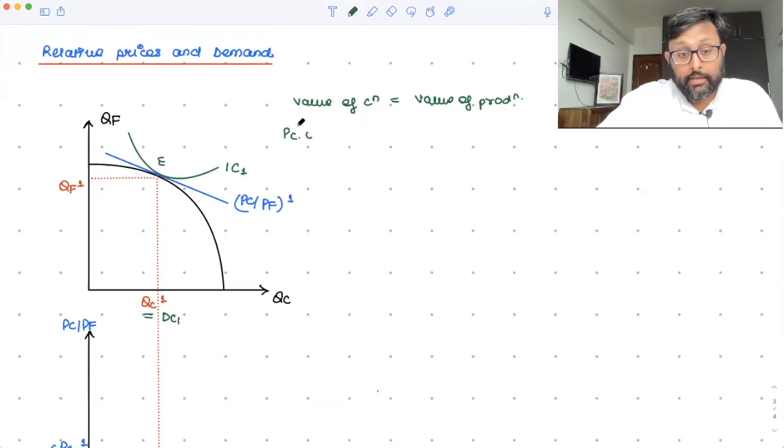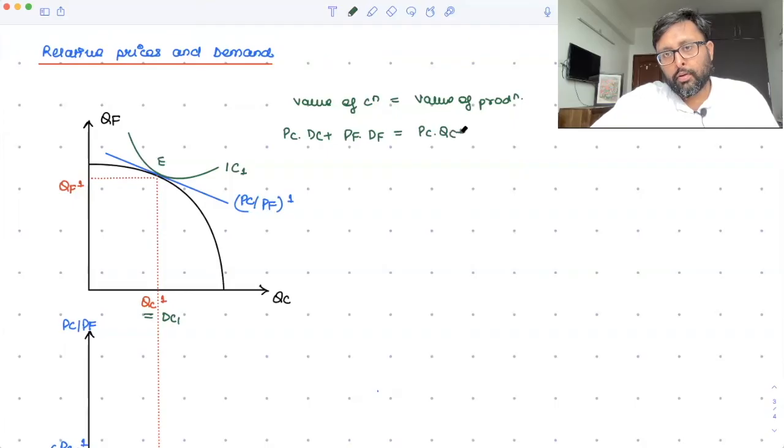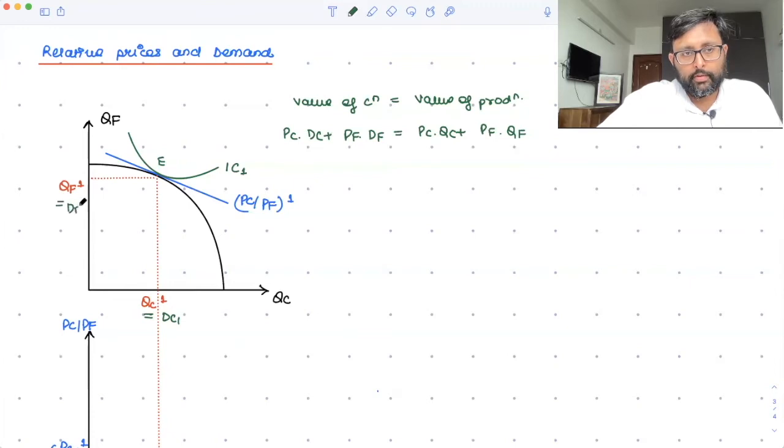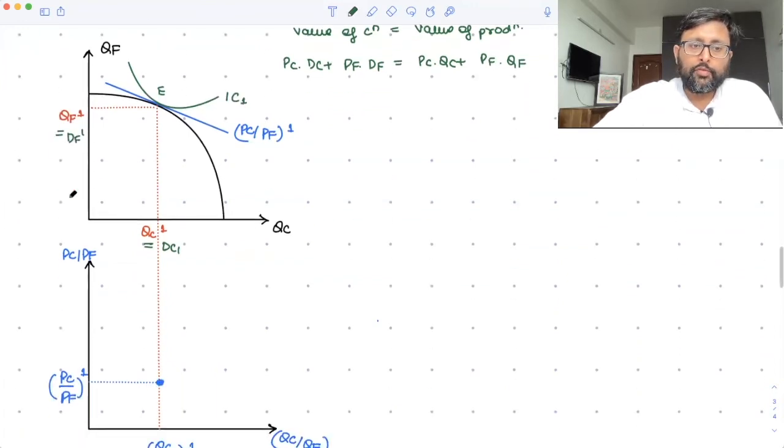PCDC plus PFDF. And what is the value of production? PCQC plus PFQF. Right. So DC and DF are the consumption of cloth and food. So at this point, the consumption and production of cloth and food are the same.